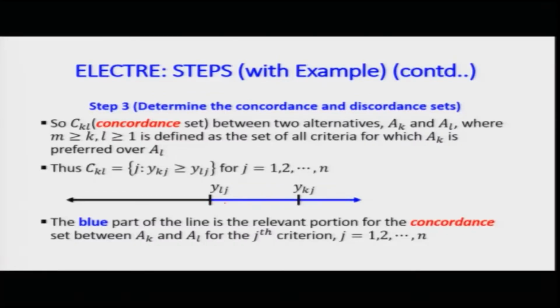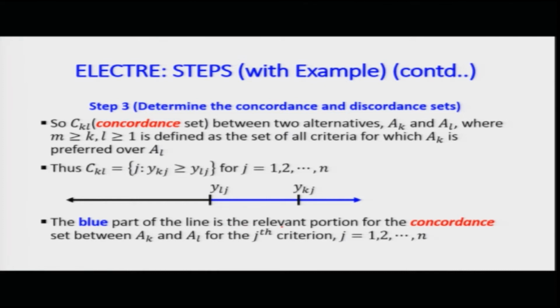If it is a concordance value, you will place those j's into the concordance set, and if the discordant index is predominant, you will put that value of j into the discordance set. You will compare in this way and have the overall concordance set matrix and the discordance set matrix.